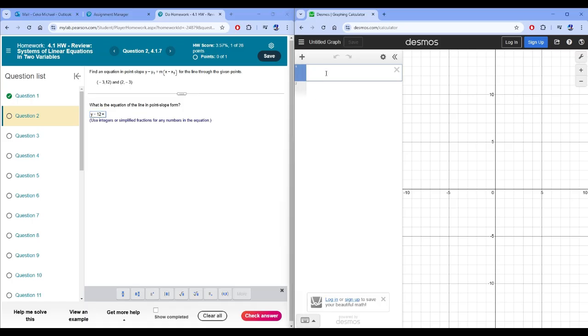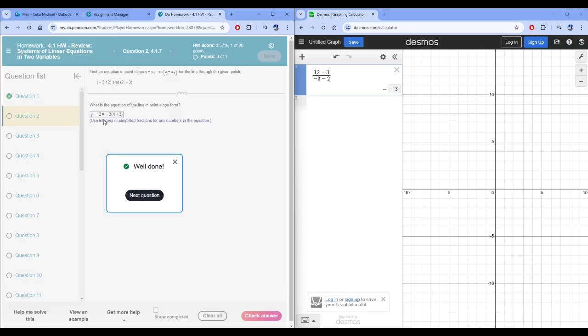Now, to find my slope, it's going to be 12 plus 3 divided by negative 3 minus 2, which gives me a negative 3. So my negative 3 goes out front, times x minus negative 3, which is x plus 3, my first coordinate. Cool. And that's just using this point slope formula.